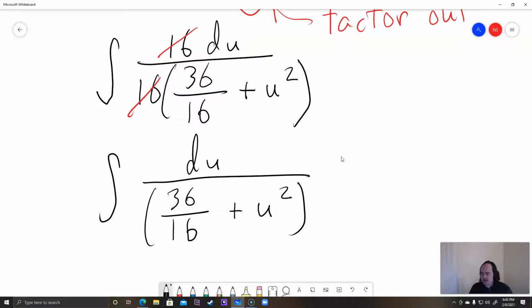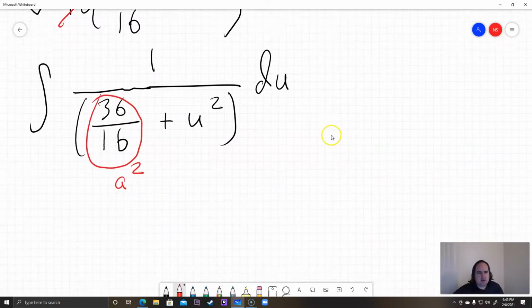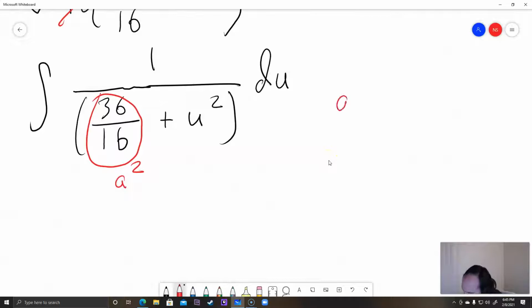So remember, our goal is to get it in the form where it's 1 over a squared plus u squared du. If I move the du over here, we're almost done. This 36 over 16 needs to be our a squared. I know it's a little bit strange to get used to at first, but our a squared is going to be 36 over 16.